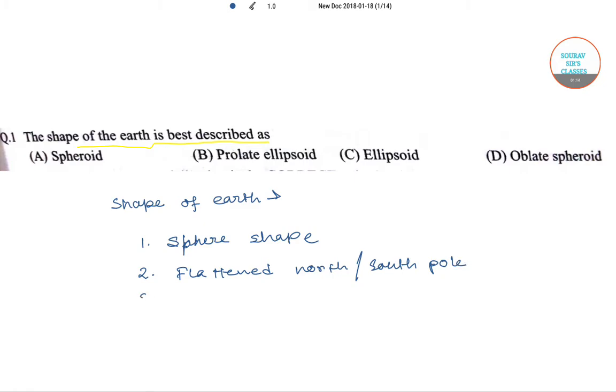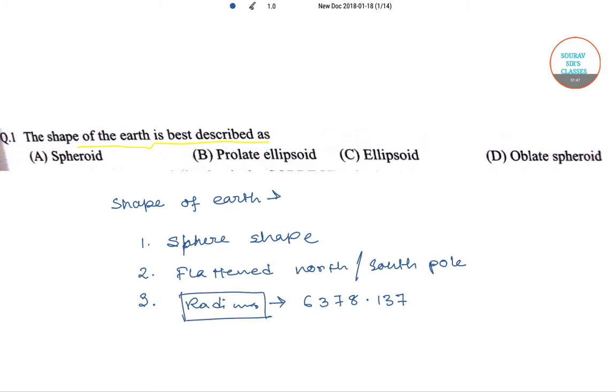And the third feature, or we can say the next feature, is if we measure it by radius. So by radius it is 6378.137 in radius.